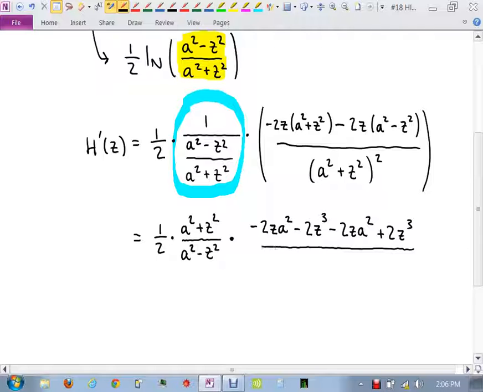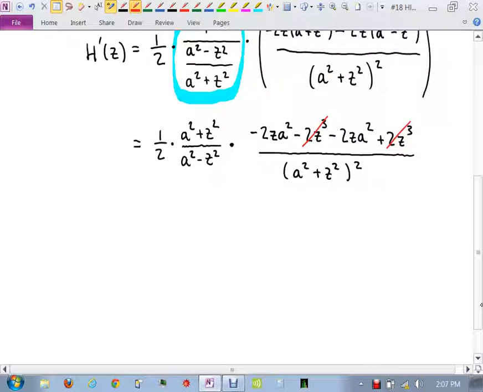Just be careful with your signs there. All over a squared plus z squared, squared. We do get cancellation, right? The 2z cubes are gone. How many za squareds do I have? Negative 4, right? Negative 4.